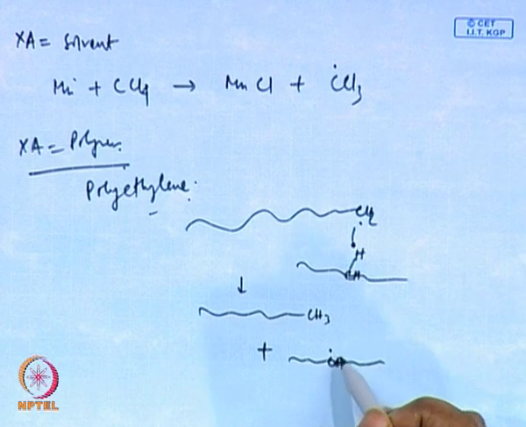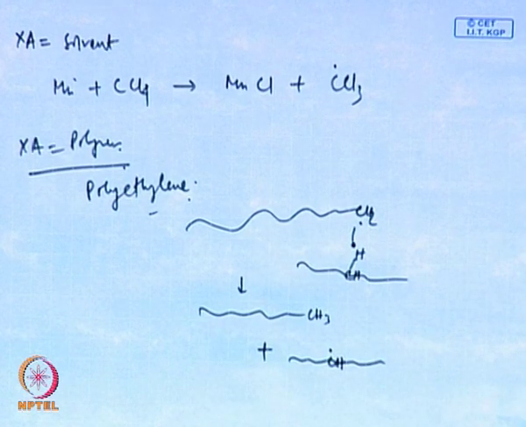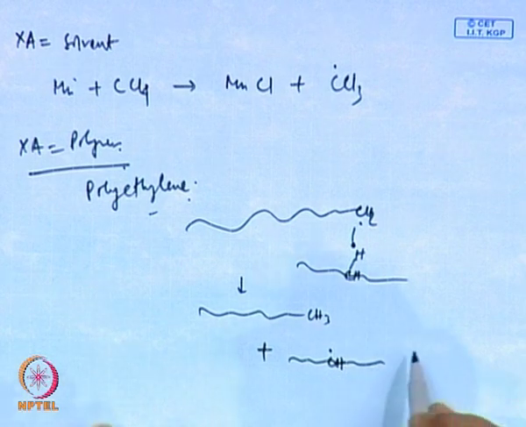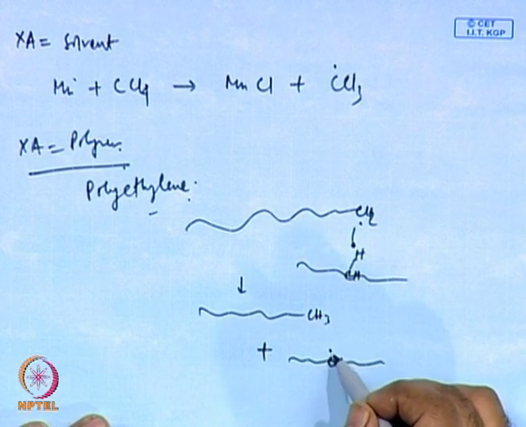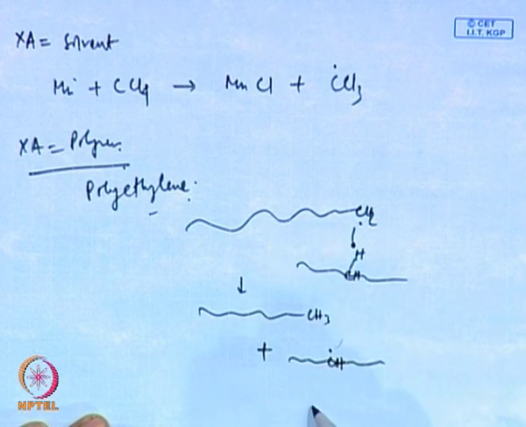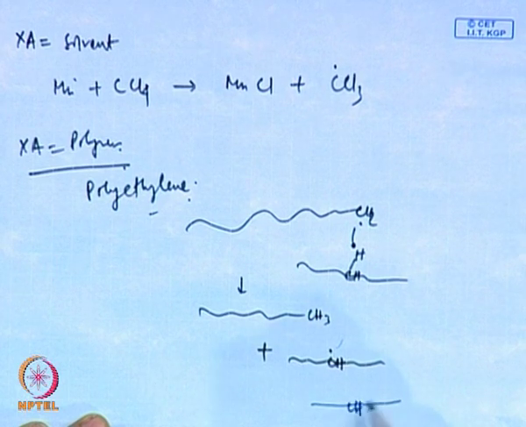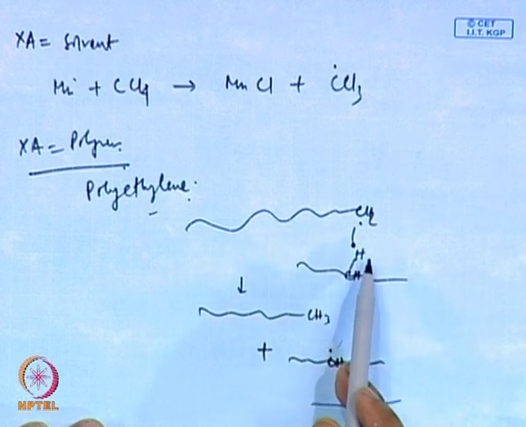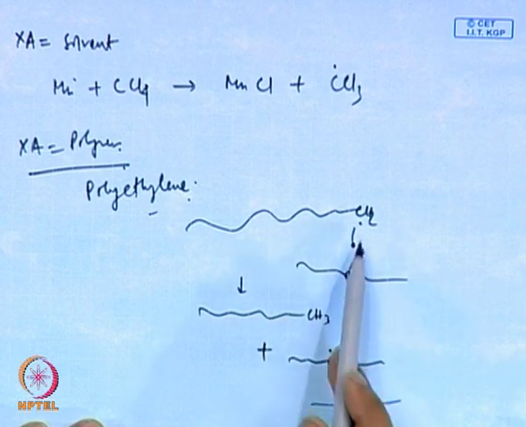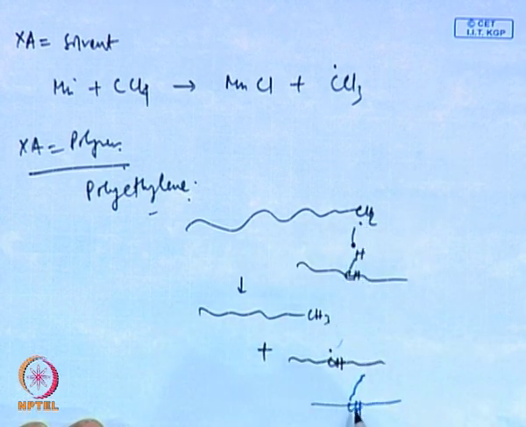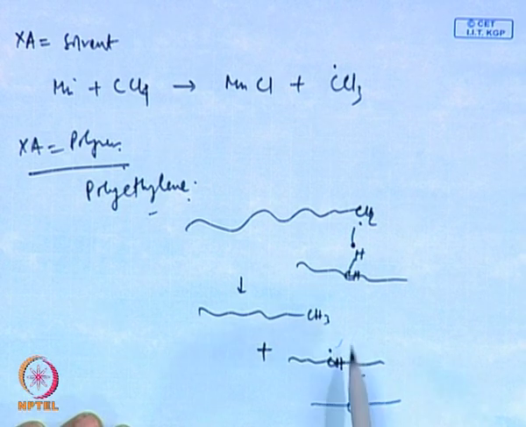Now, it can undergo further polymerization from here and form a chain here. So, you may have a branching here. So, if transfer happens to a polymer, you get branching.